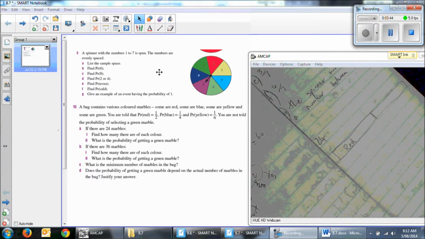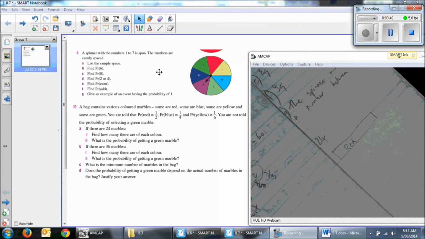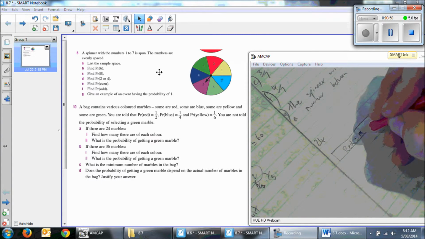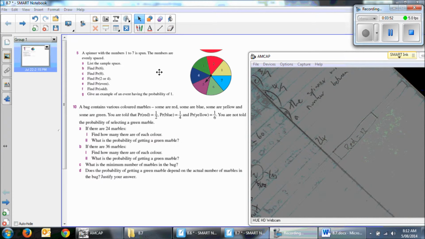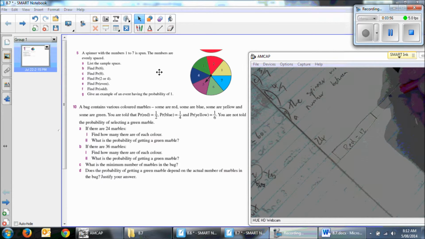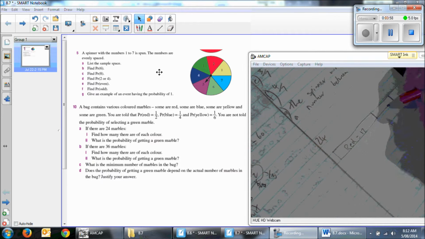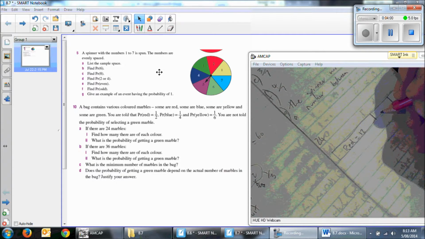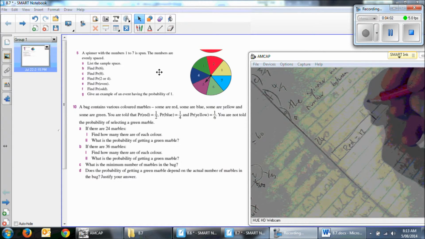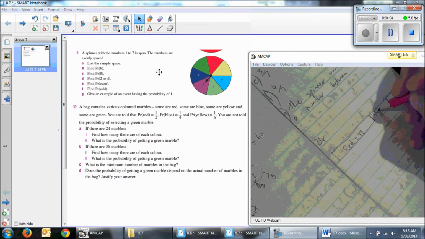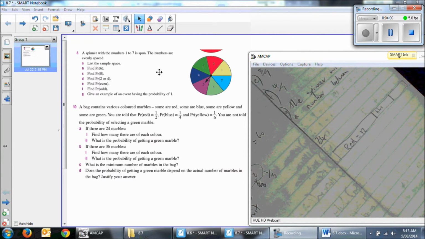All right, so half of 24 are red, definitely. Okay, so that means it equals 12. Then I know that a quarter, so quarter is about here. A quarter is blue. Now a quarter of 24, 24 divided by 4 is 6.